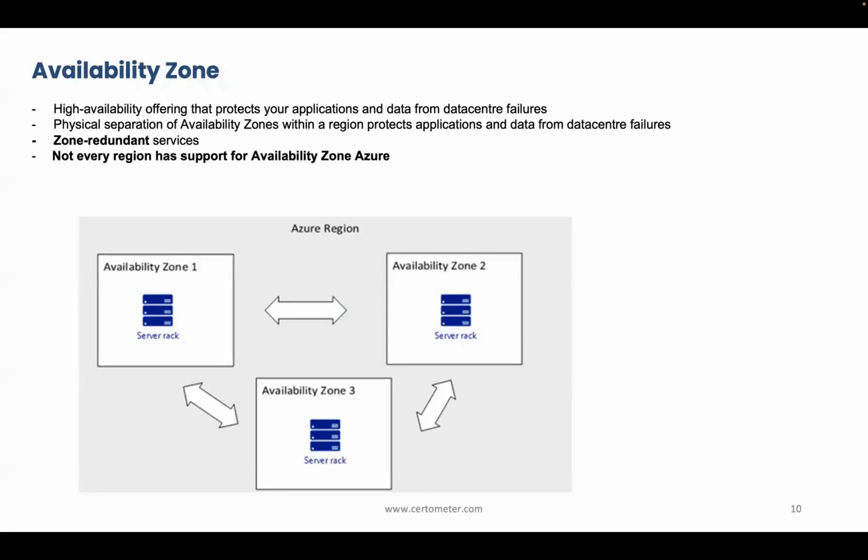With availability zone, Azure offers the industry's best 99.99% VM uptime SLA, that is the service level agreement, if you implement availability zone as a high availability solution in the Azure platform. So that is a very important concept you have to know: the 99.99% uptime SLA is provided only if you implement availability zone. So that's all about availability zone.